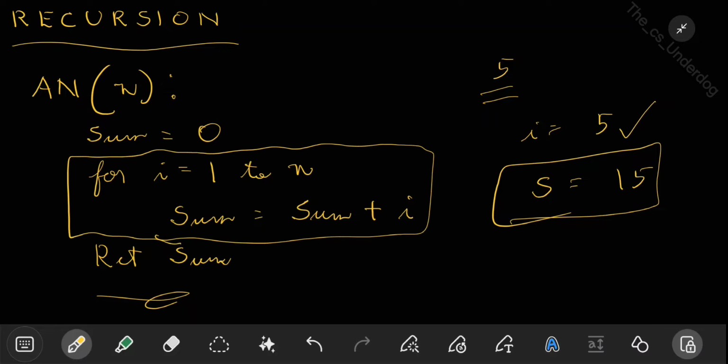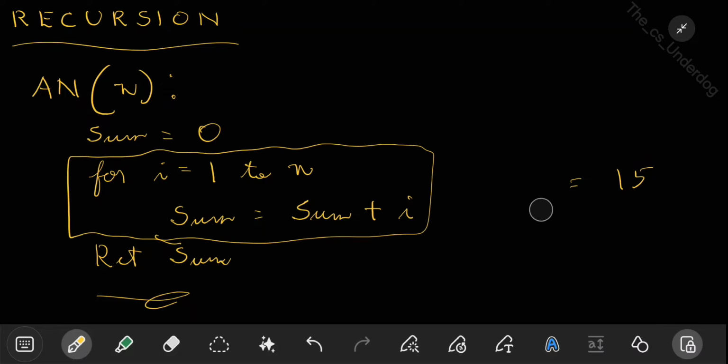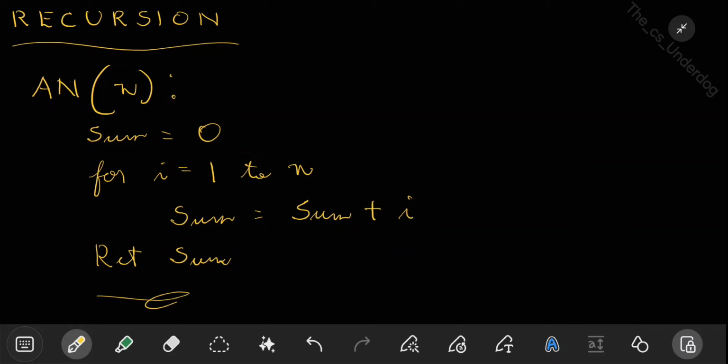This for loop is what works. So for converting this to recursion, first thing I'll do, instead of i equal to 1 to n, what if I write i equal to n down to 1? This also works the same. Instead of iterating from 1 to 5, I'll first take 5, then 4, 3, 2, 1.